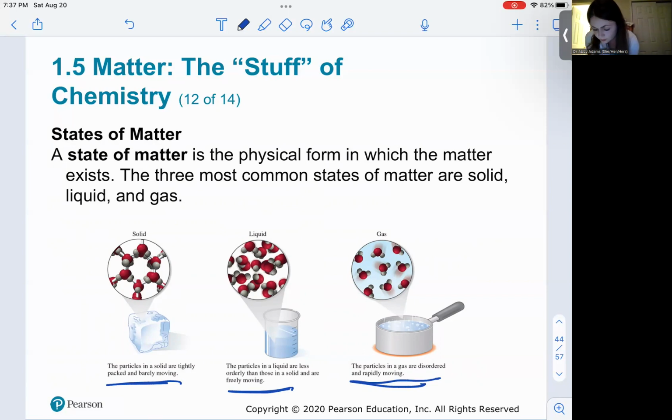So here the particles are so tight in a solid that they're barely moving, okay? So this contrasts to liquid, where they're a little more free, they're flowing. And then whenever you have a gas, those particles are so disordered, they're hitting the sides of whatever container they're in, they're bumping into each other like bumper cars at a fairground. And those are the differences, those are the properties of the states of matter: solid, liquid, and gas. Okay.